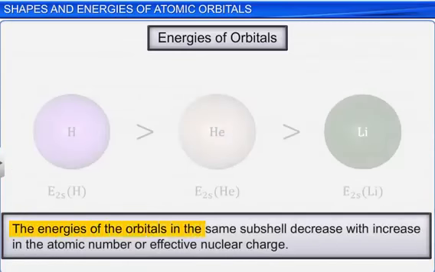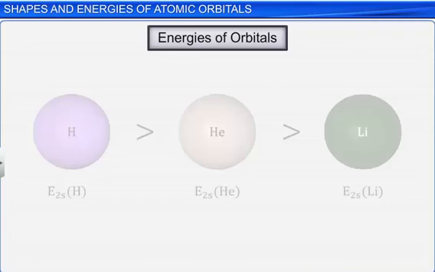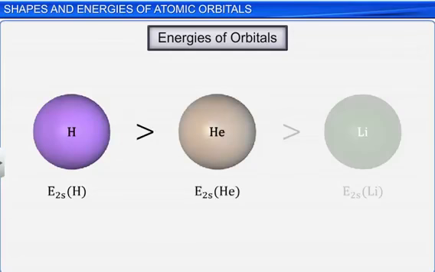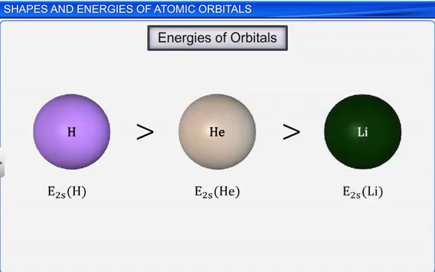For example, energy of 2s orbital of hydrogen atom is greater than that of 2s orbital of helium, and that of helium is greater than that of lithium, and so on. That is, E2s(H) > E2s(He) > E2s(Li).